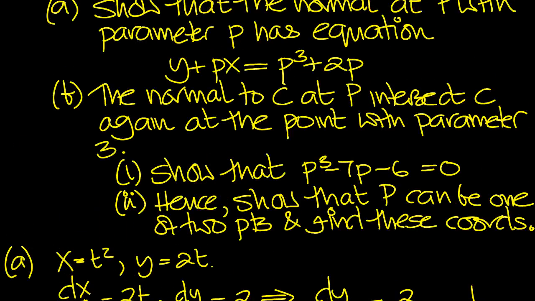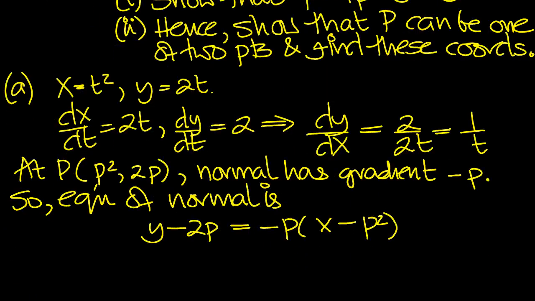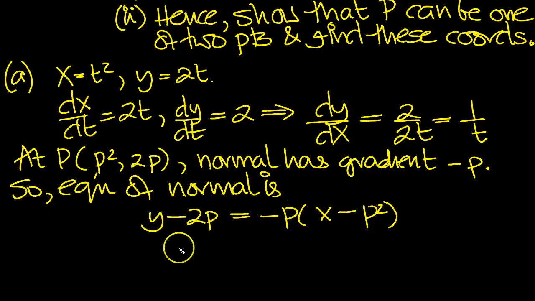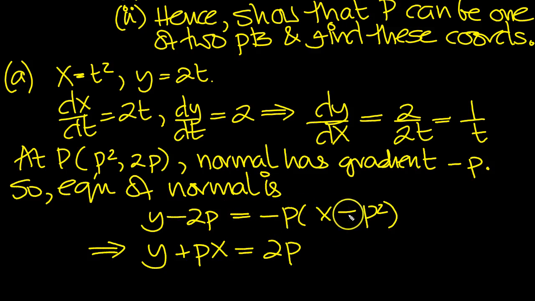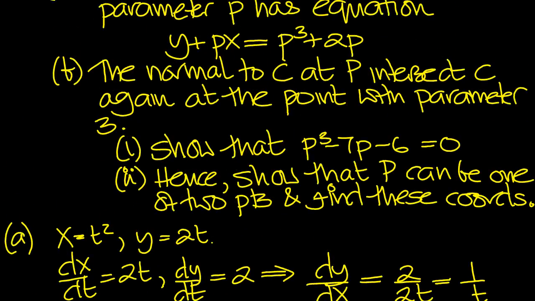So let's see what we've got here then. We need y plus px. So let's move this minus px over to be with the y. And that will equal, move the 2p over here, plus 2p. We've got a minus times a minus is a plus, p squared times p is p cubed, which was what we wanted to show.